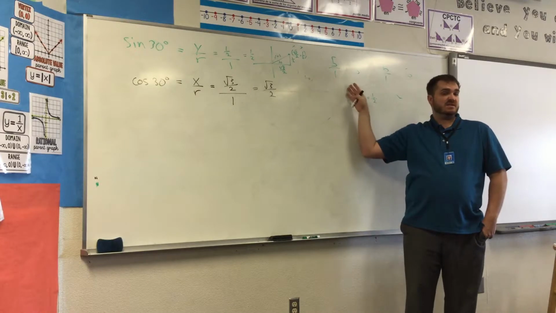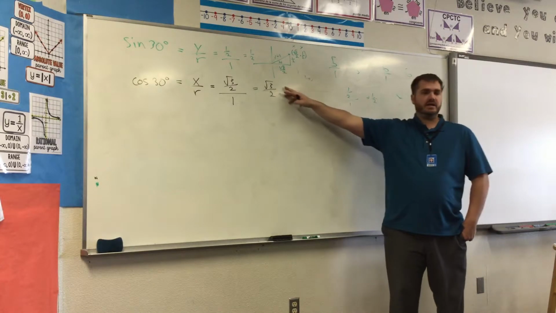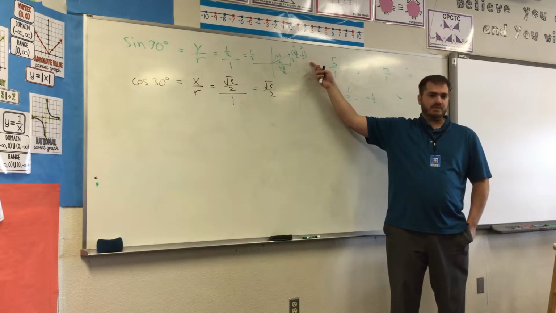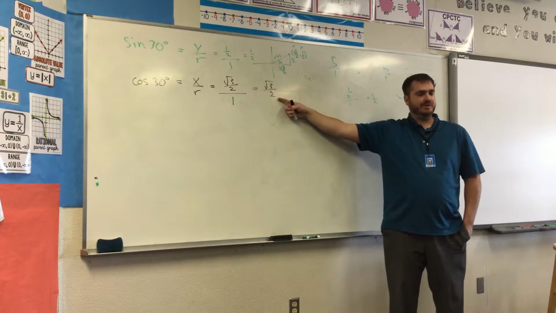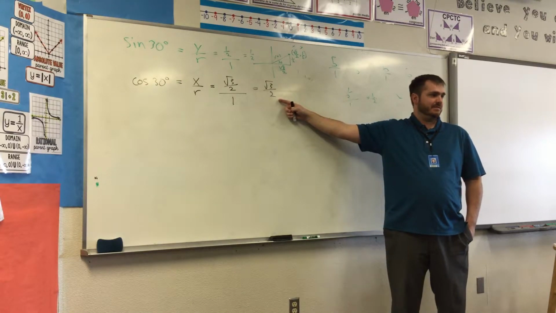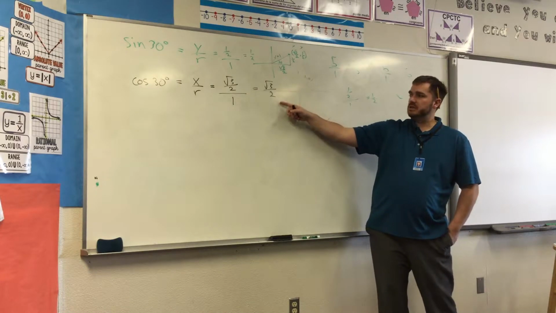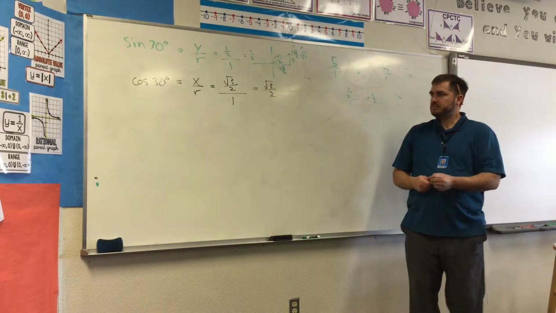It never repeats, and it never ends. Your calculator can never give you the exact answer like the unit circle can. And guess what answer they're going to want on your homework? Root 3 over 2. They're not looking for 0.866 or whatever the next digits are. That's why you have to use the unit circle on these.